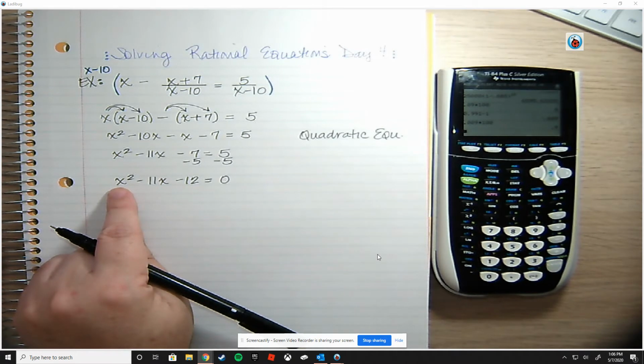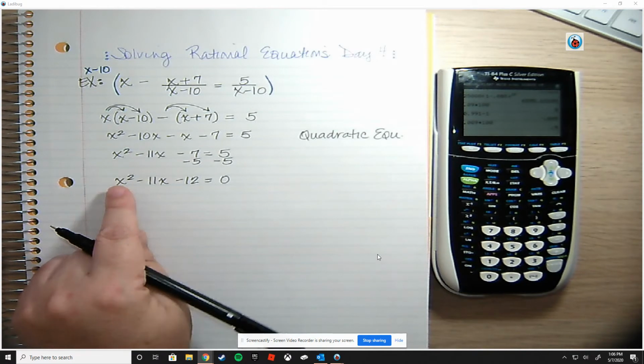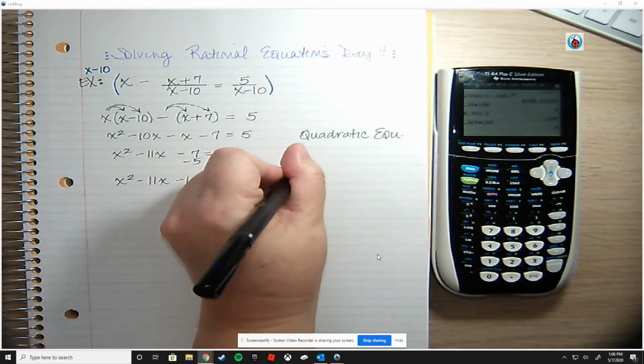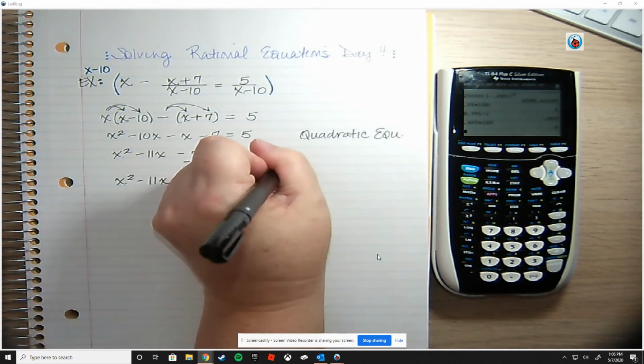I am not going to tell you which way to do it. I would say for some of you, if factoring is always a struggle, just use the quadratic formula. Just plug it into the opposite of b plus or minus the square root of b squared minus 4ac all over 2a, and you'll get your answers. Okay, but I enjoy factoring, and I find it to be a lot faster.